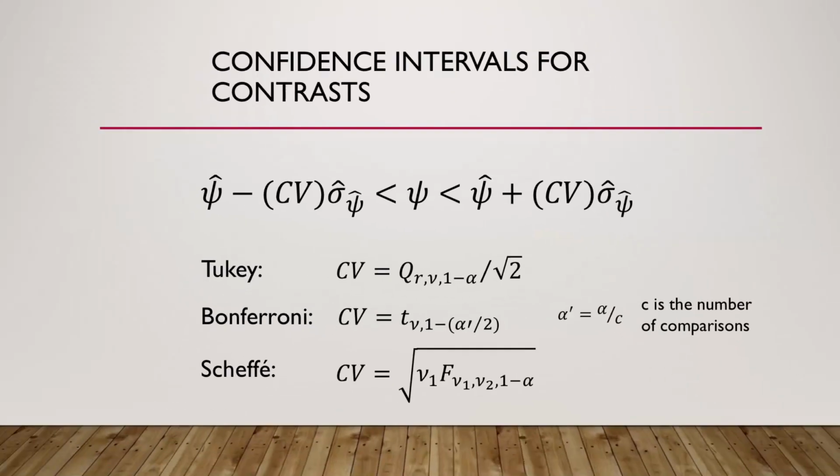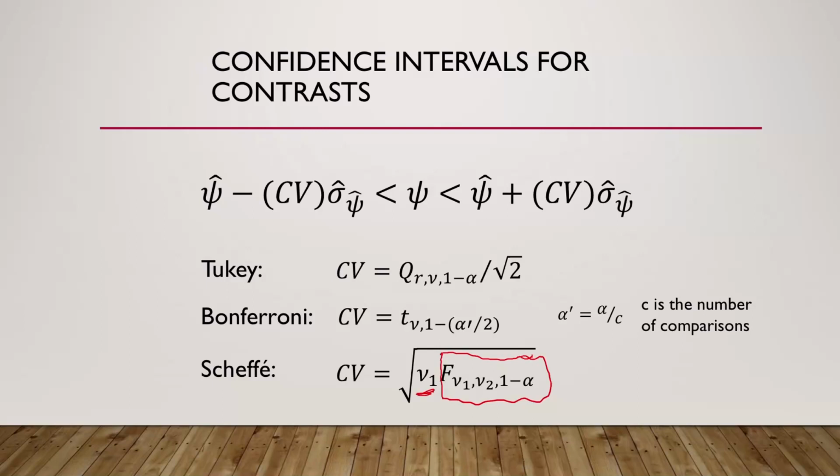All right, so the final method here is Scheffé. And Scheffé's method is handled by taking the critical value that you would use for the omnibus test. So whatever the critical value is that you'd use for the omnibus test, you're going to take that, multiply it by the numerator degrees of freedom.